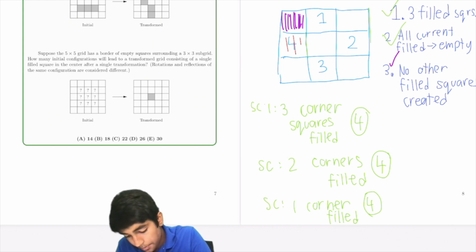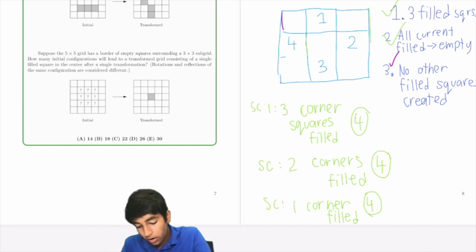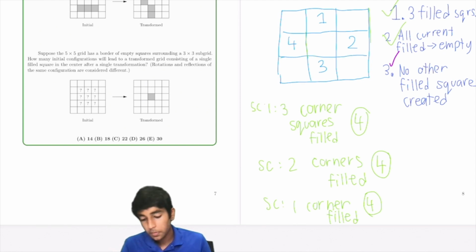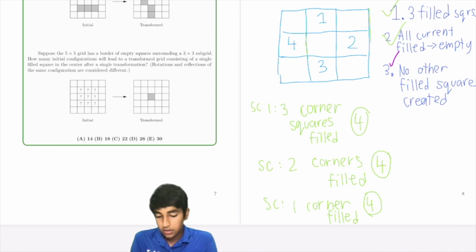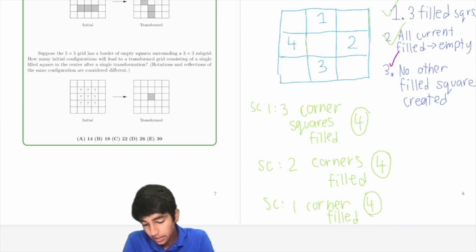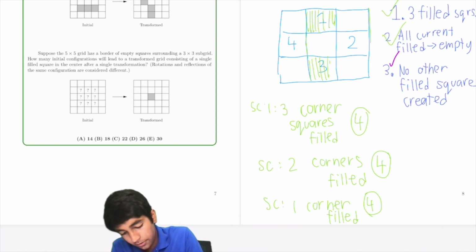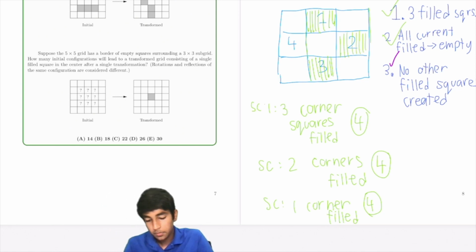The last case is that no corners are filled. 0. If no corners are filled, then 3 edges must be filled. And it doesn't really matter how we draw our edges that are going to be filled over here. So in this case over here, does this work?